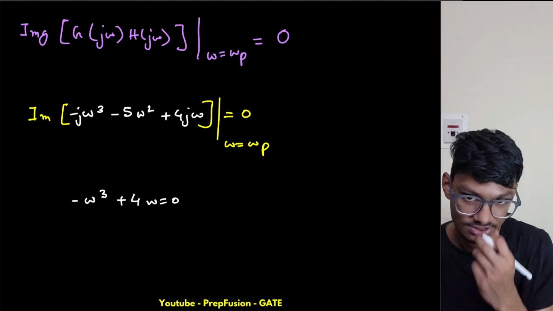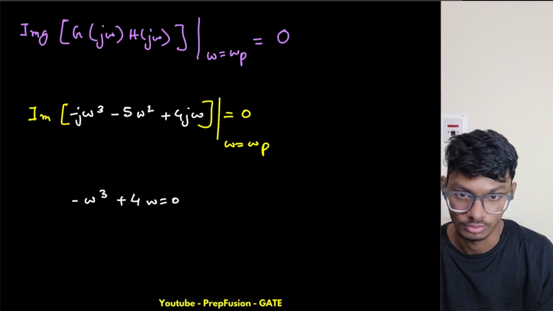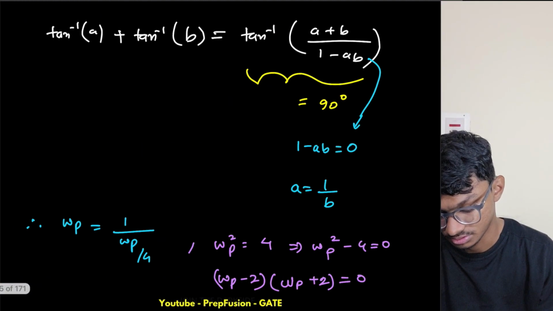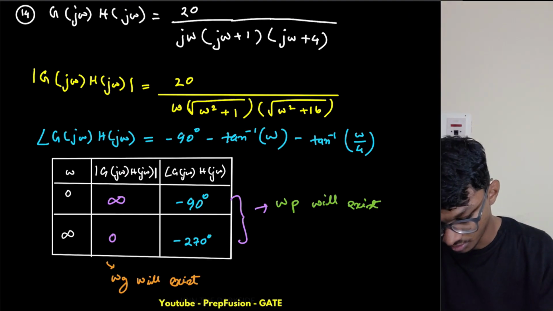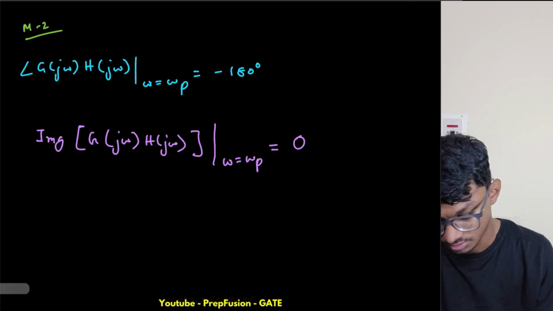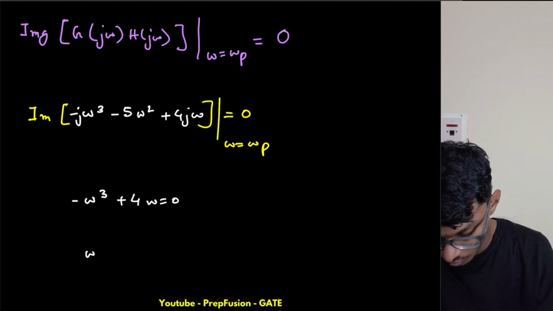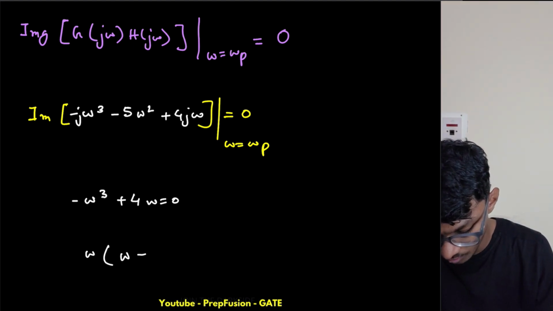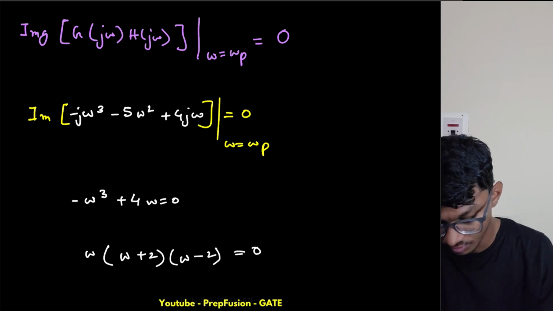From here I can say that omega equals to 0 is not a solution, obviously, because at omega 0 my phase is minus 90, so it is definitely not a solution. So omega into omega plus 2 into omega minus 2 equals to 0. This is omega p.